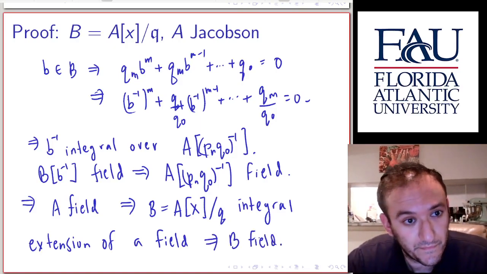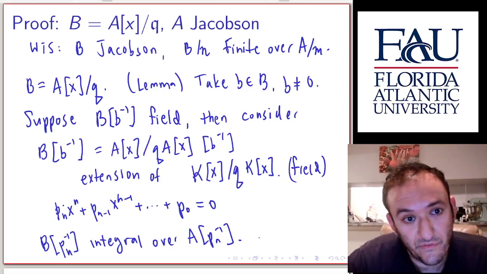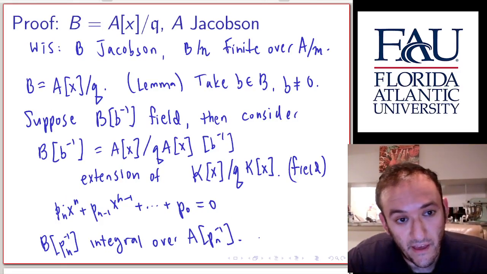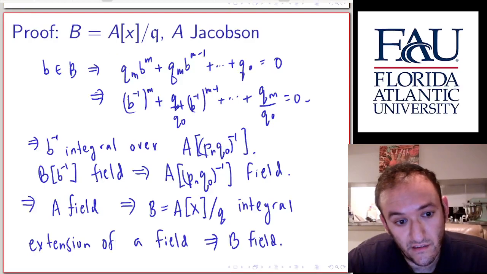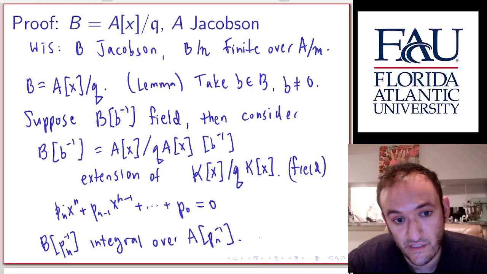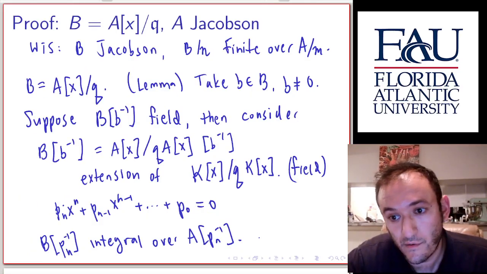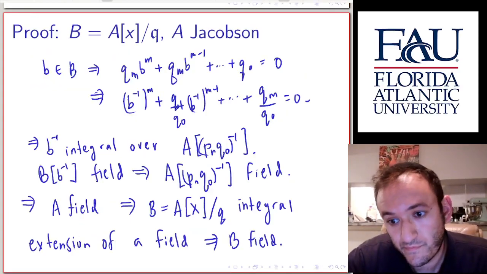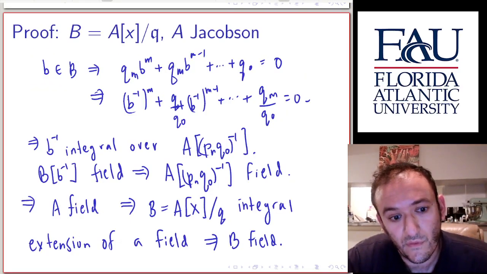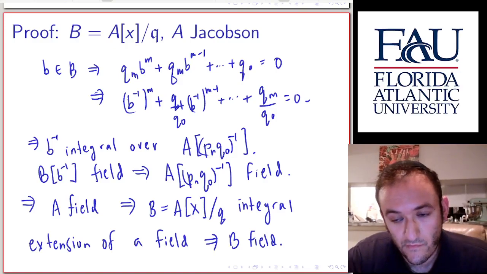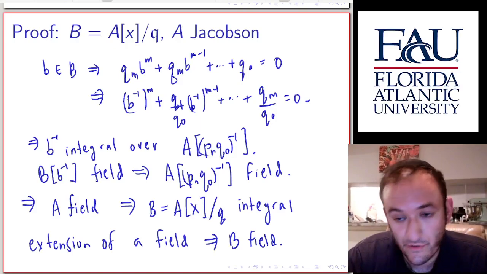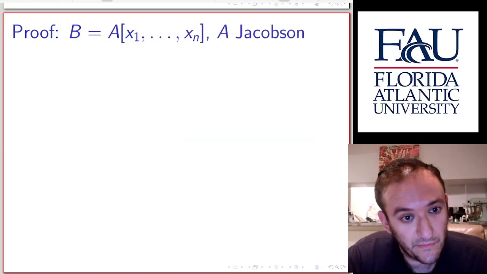Okay. So we found that indeed B adjoin B inverse is a field implies that B itself is a field. So this gives us the result for A adjoin X mod Q, so just generated by a single element.